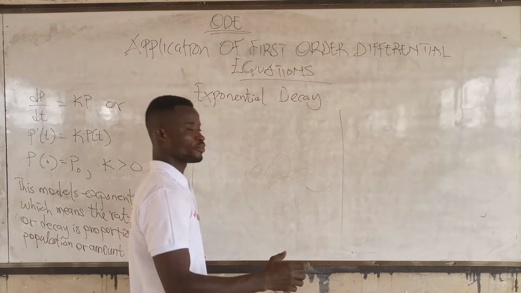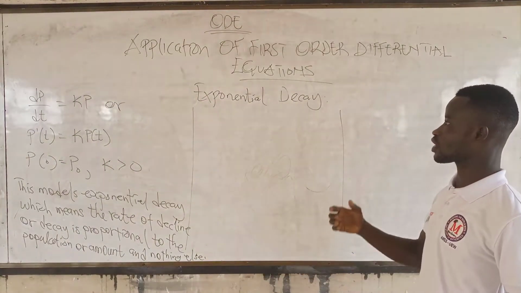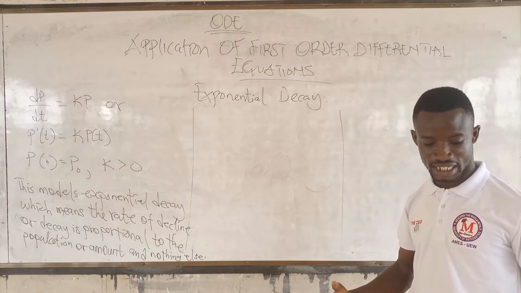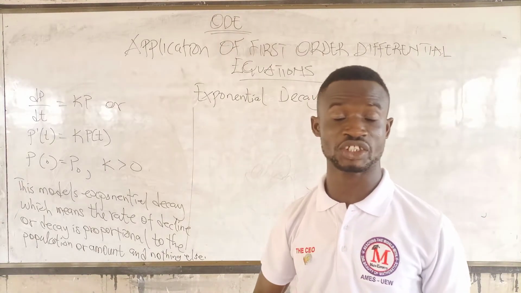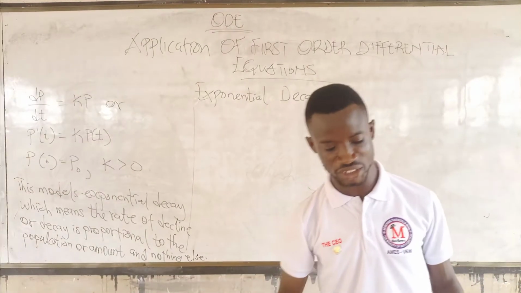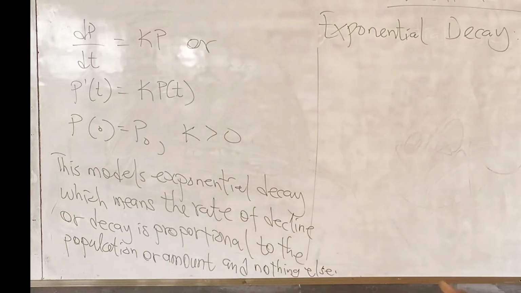So we are starting from application to biology, and under that we are going to look at exponential decay, and after this we'll be looking at exponential growth. Very good. Please, this can relate to population and growth problems and radioactive decay.